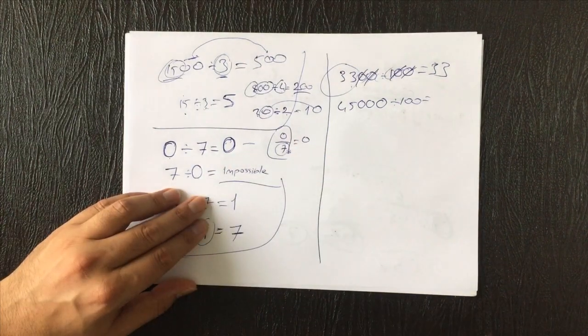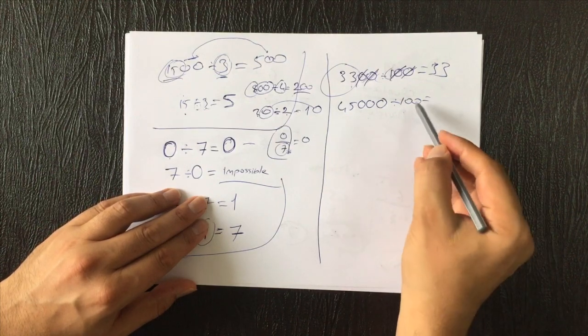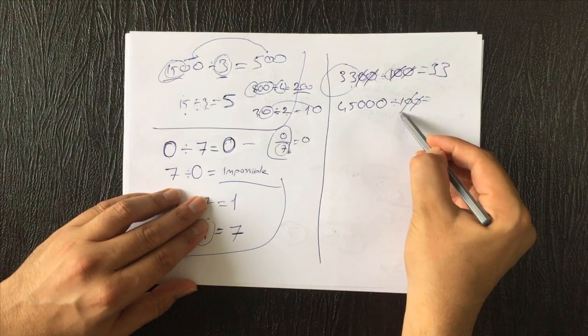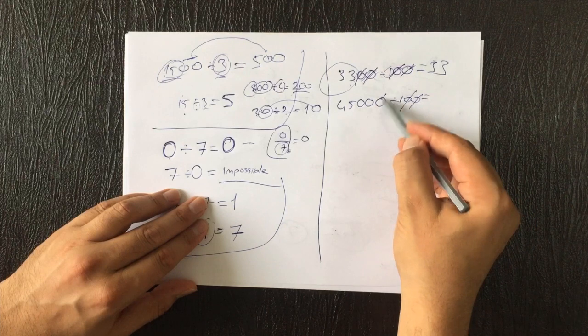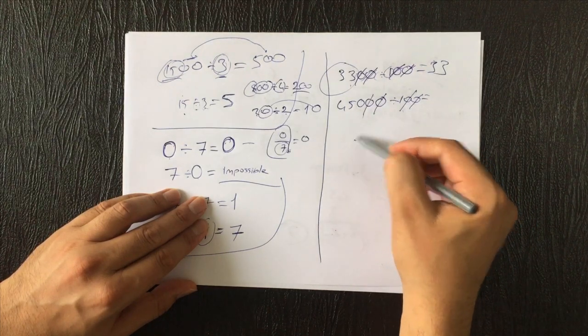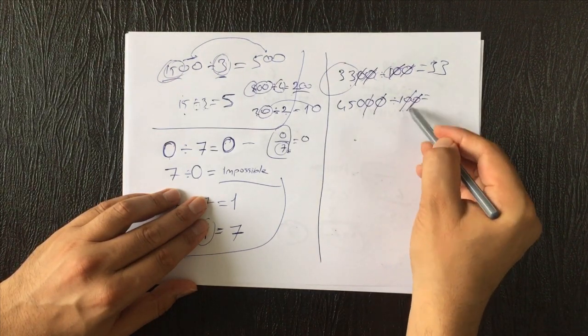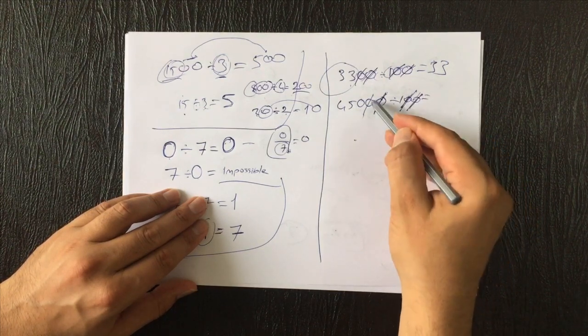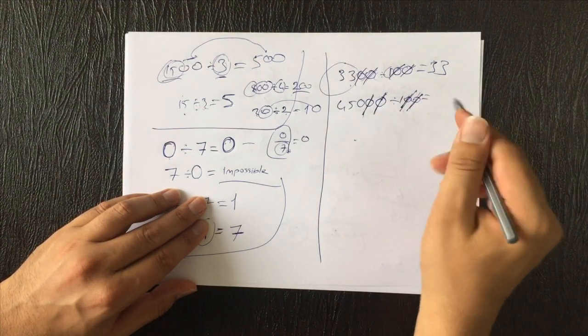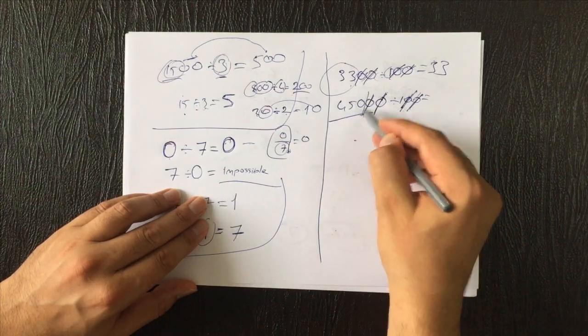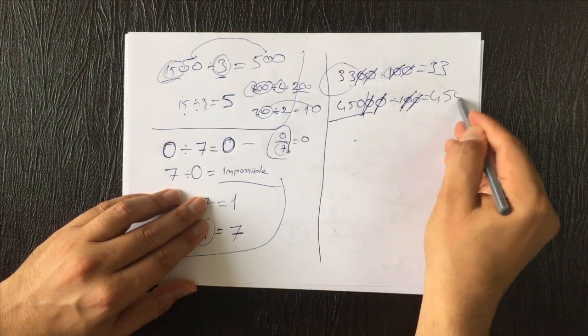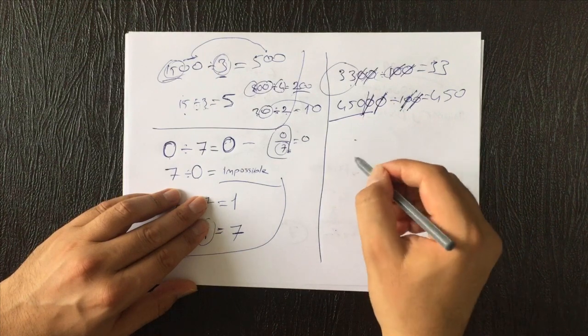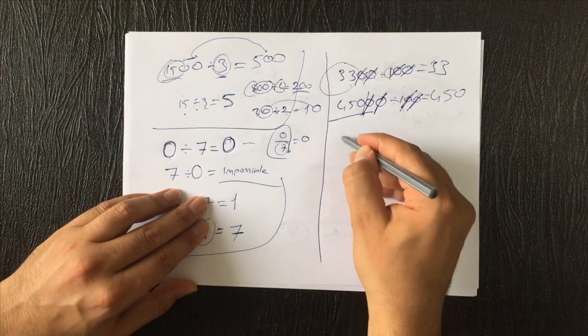How can I do this? Of course, there are 2 zeros, so I cancel 2 zeros. At the same time I have to cancel from both together. This cancels this 0, this cancels this 0, then nothing more. So what do you see now? 450 you see.